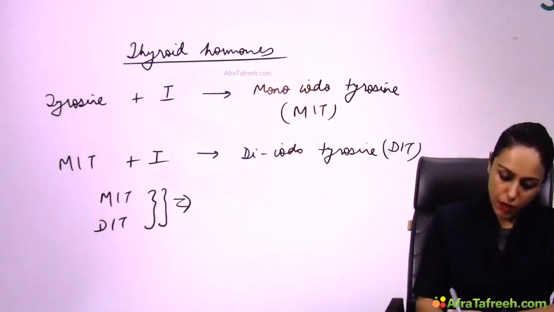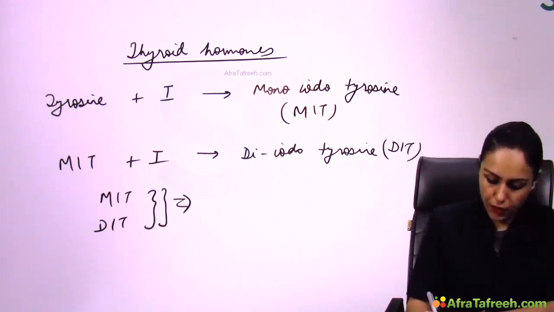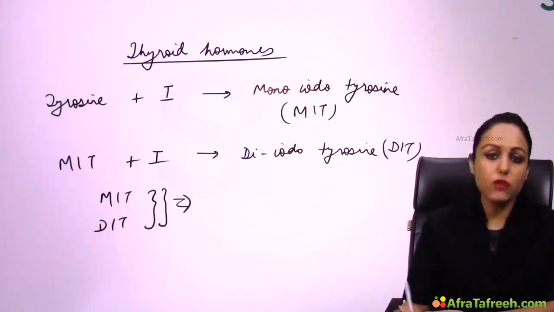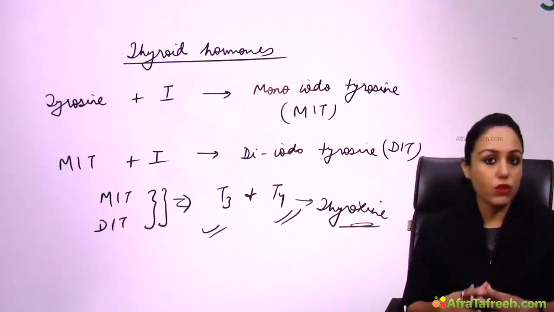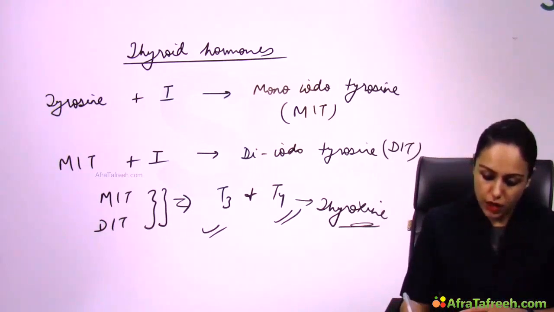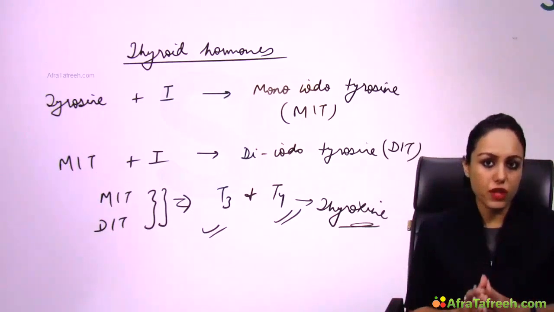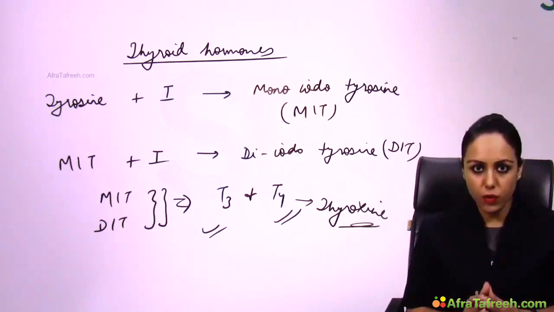Now this MIT and DIT both are taken to form T3 and T4, that is triiodothyronine, and T4 is tetraiodothyronine, also known as thyroxine. So the amino acid tyrosine has a very important role in the formation of thyroid hormones, right?